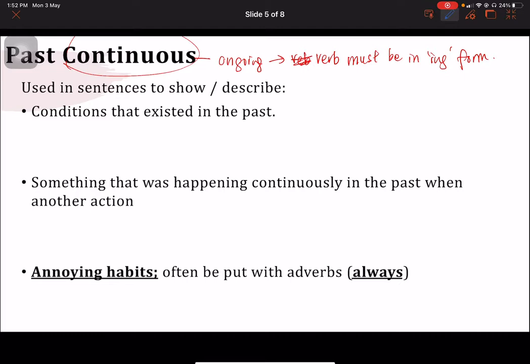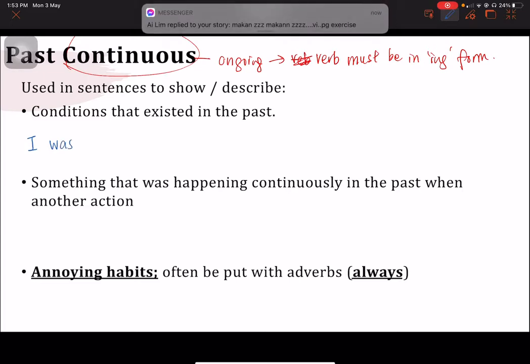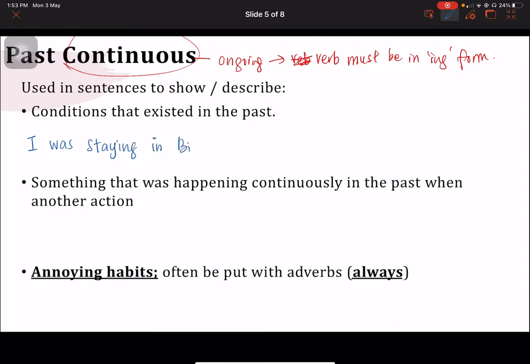Okay, you can say, I was staying in Bintulu when COVID-19 happened.